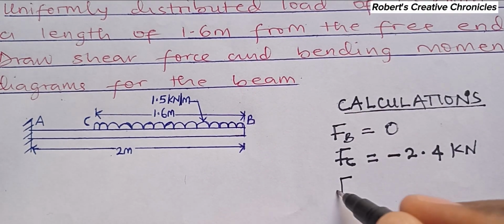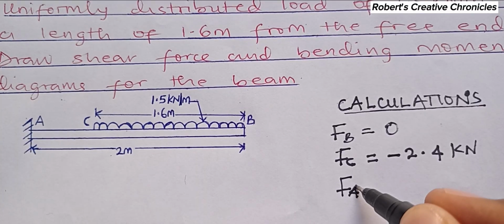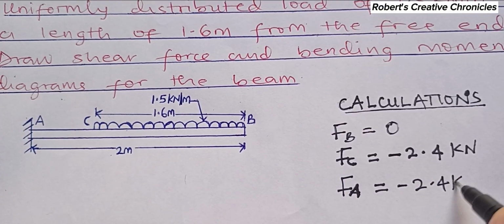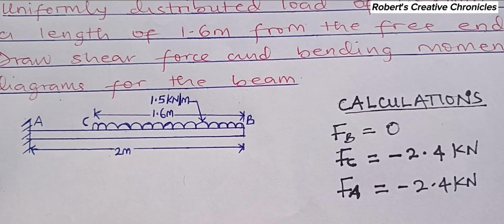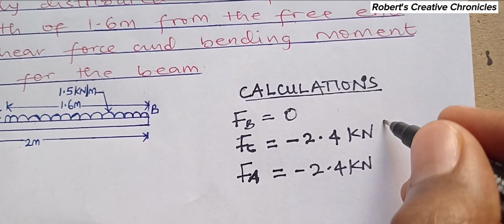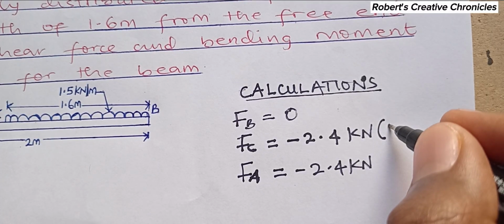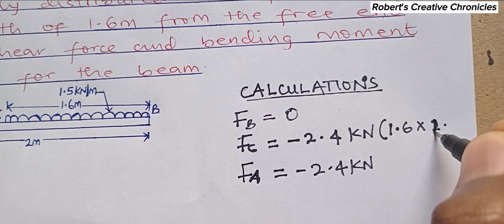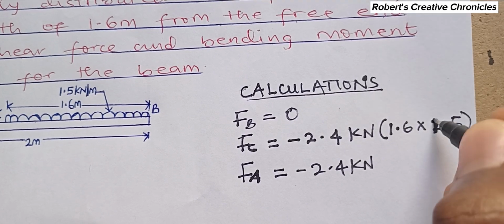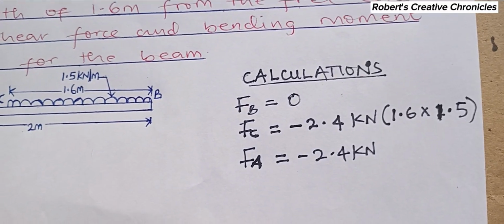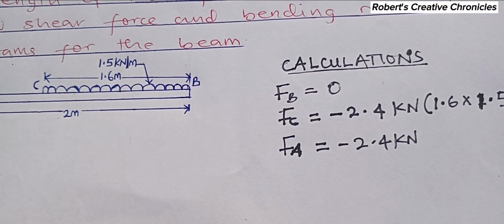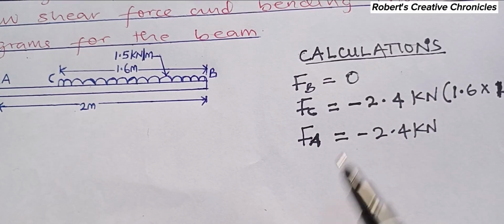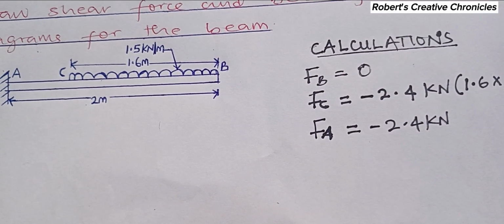Then my FA is also negative 2.4 kilonewton. So this, in bracket, let me write 1.6 times 1.5. This is the total weight, total UDL.